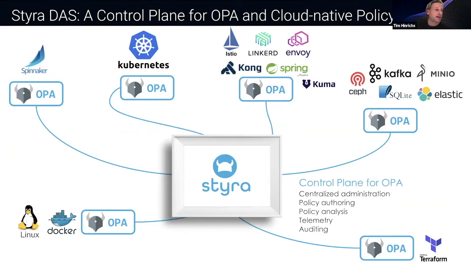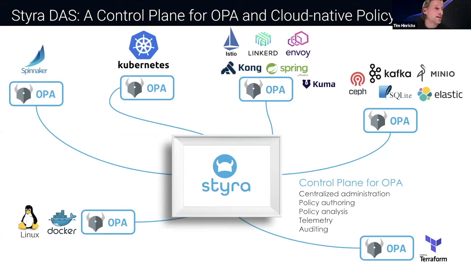One of the things that does come up once you've put OPA in place, maybe across many different use cases, or within your application and many different components, or even within the service mesh for your backend services, is that at the end of the day, what you end up with is a number of different OPAs.